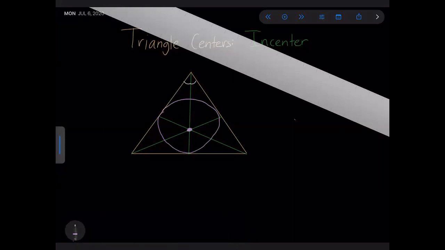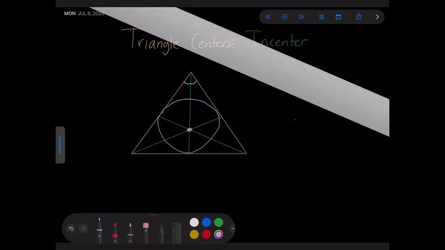There we go. The circle is tangent to all three sides of the triangle. How do we know this? It's equidistant from all three sides.